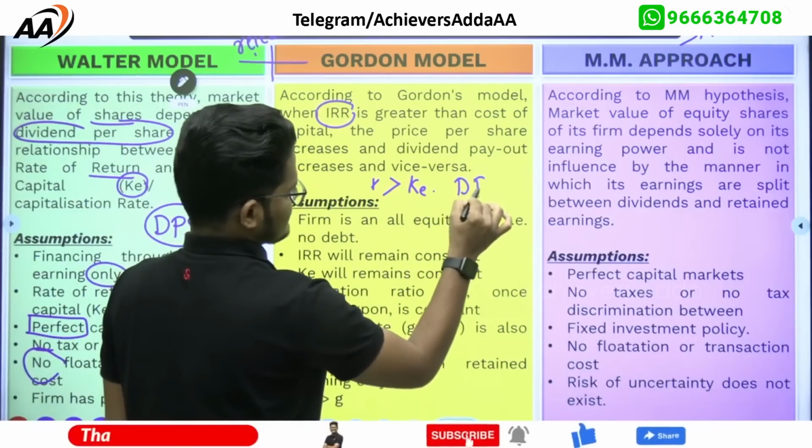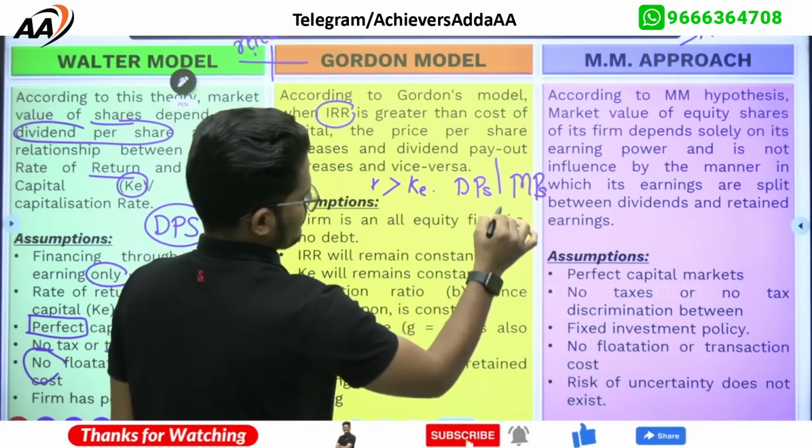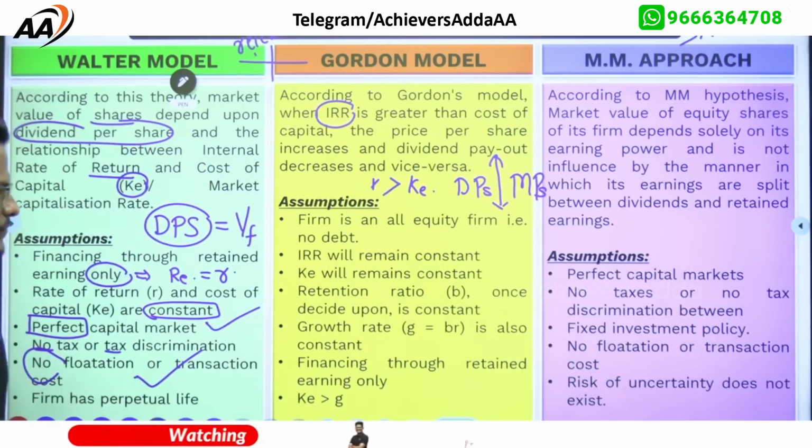So DPS and MPS have an inverse relationship.